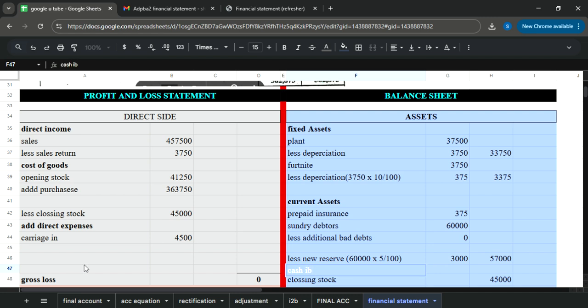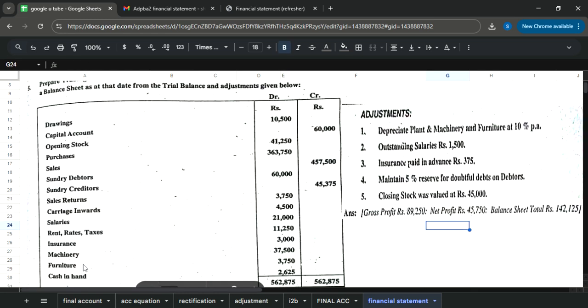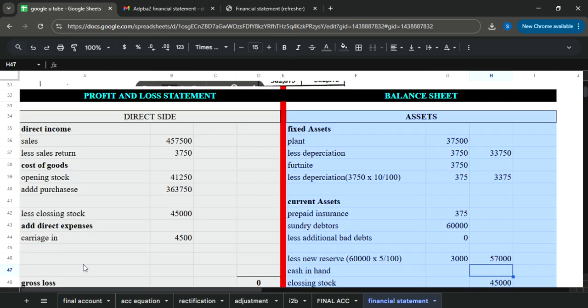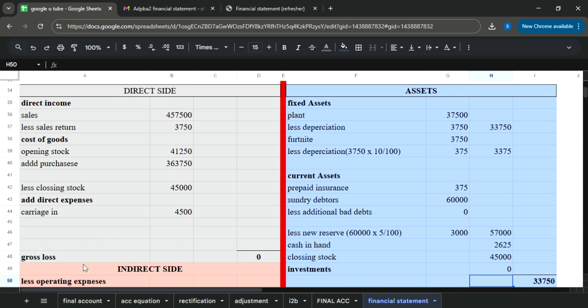And now let's see how much the cash in hand is, 2625. So here 2625 is your cash in hand. In this way, guys, all adjustments and all trial balance items are completed.